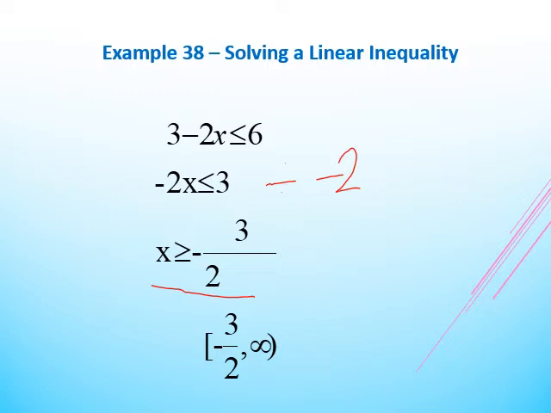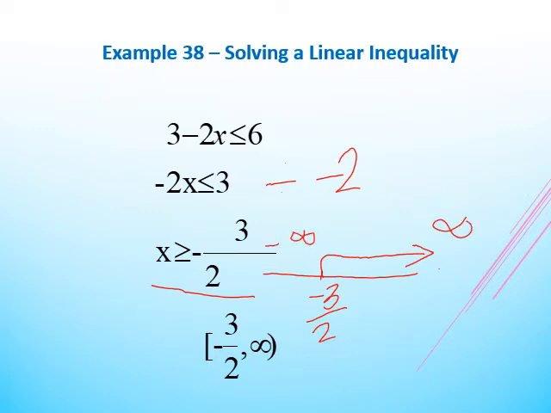Let's imagine it on the number line. If we have negative 3 over 2 here, which is negative 1.5, the solution is all numbers greater than or equal to this value. Here is the positive infinity direction, and here is the negative infinity direction.